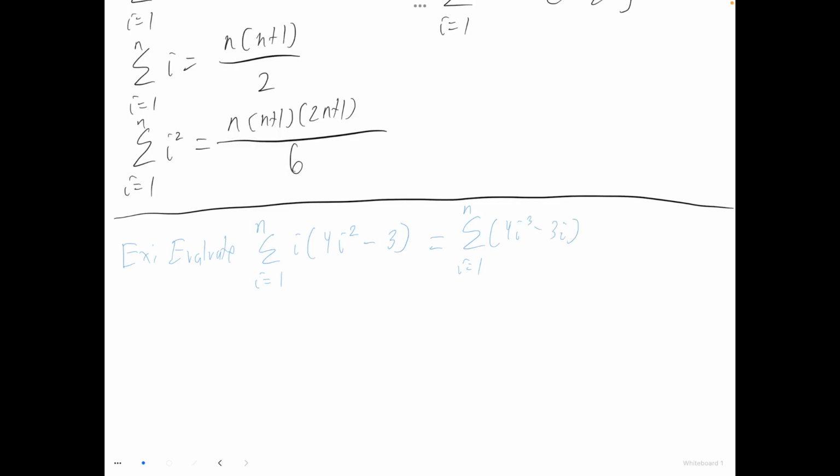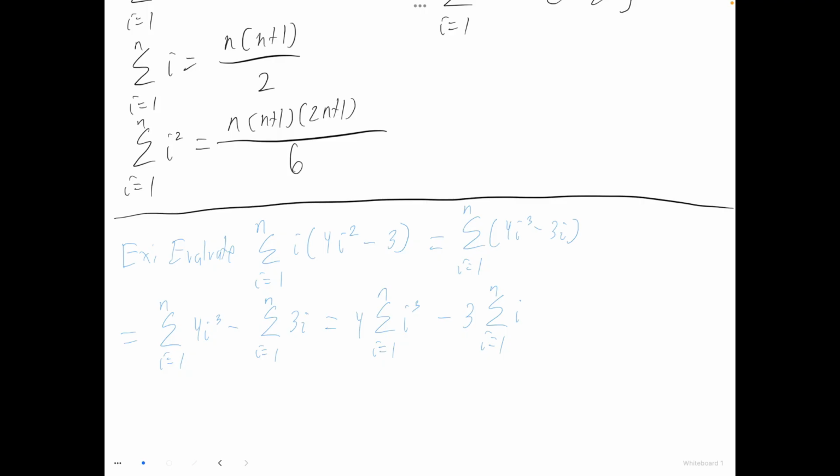And now we can break up over a subtraction to get the sum from i equals 1 to n of 4i cubed minus the sum from i equals 1 to n of 3i. We can pull constants out to get 4 times the sum from i equals 1 to n of i cubed minus 3 times the sum from i equals 1 to n of i.